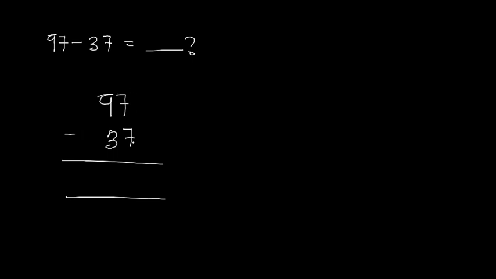So 7 minus 7, that will give us 0, because you have, let's say, 7 apples and you're supposed to give 7 apples out, so you'll be left with no apples at all. So that will give us 0. Now we have 9 minus 3. You have 9 apples and you give 3 apples out, you are left with 6 apples. So we have 6 over here. So 97 minus 37 will give us 60 as our answer.